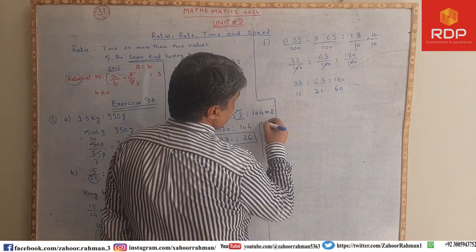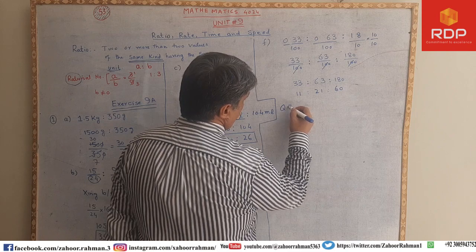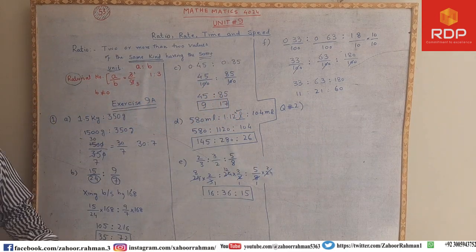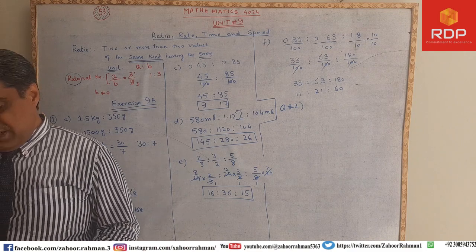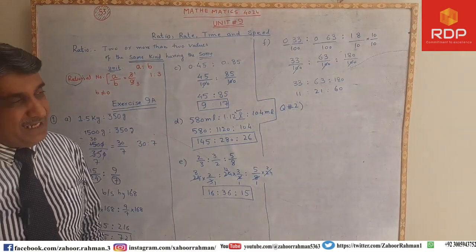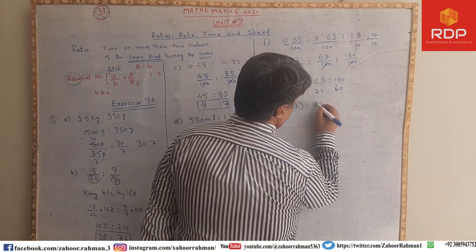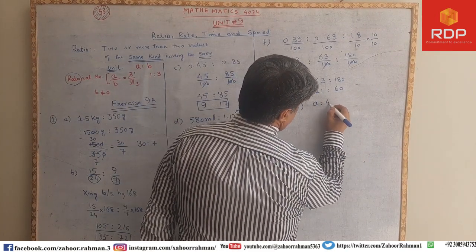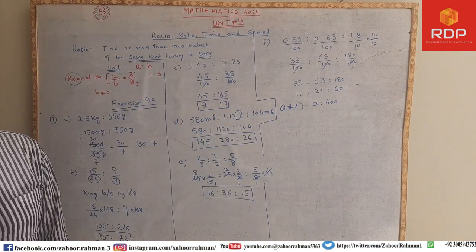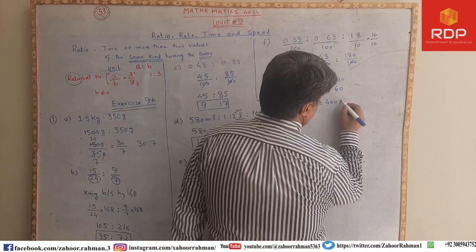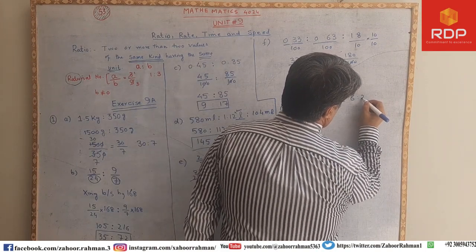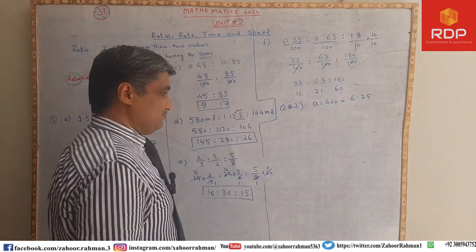Now we are turning our focus to question number 2 and we will clear more of our concept. Find the value of A if A : 400 is equal to 6 : 25.